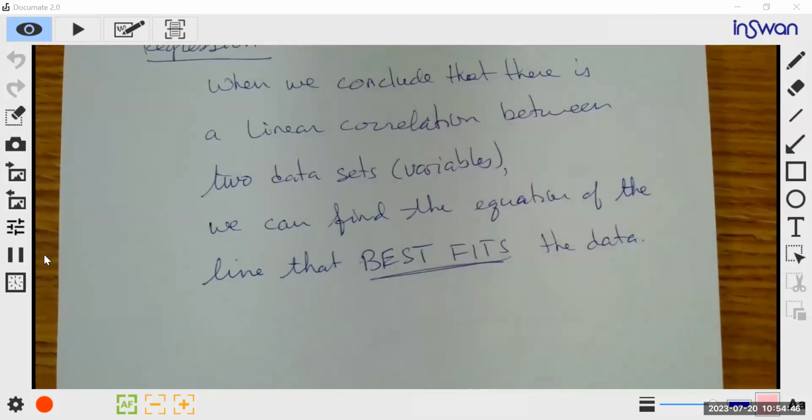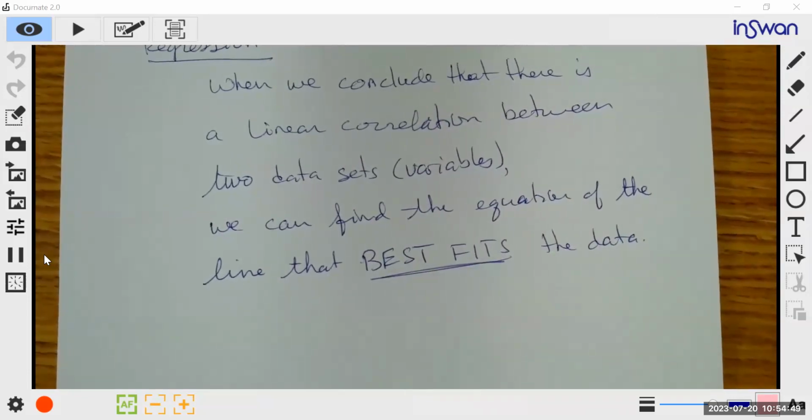Notice best fits, I made it in bold because that's what we're looking for. This is what we call a best fit line.